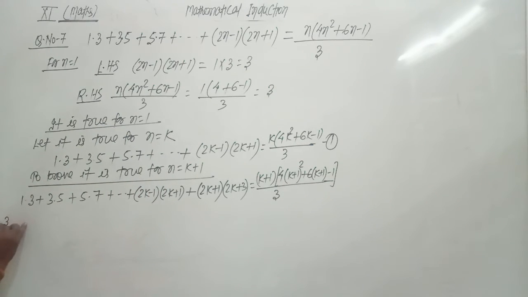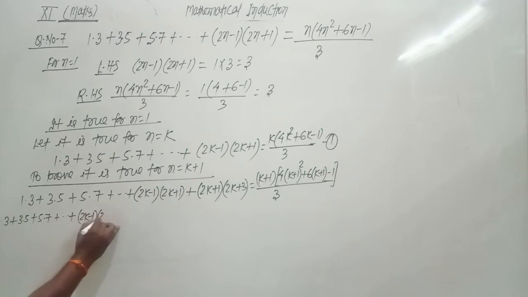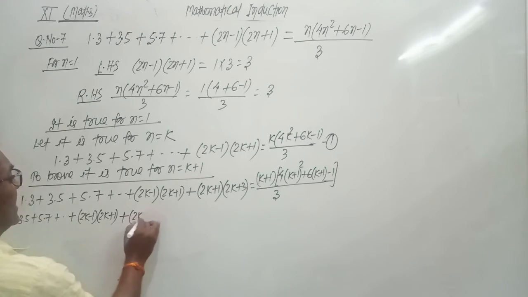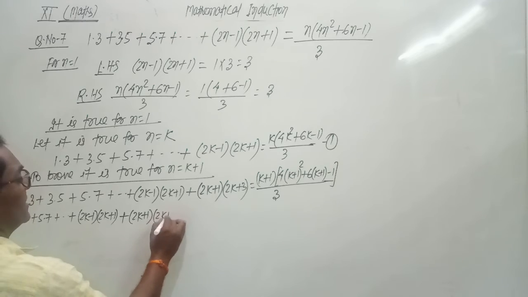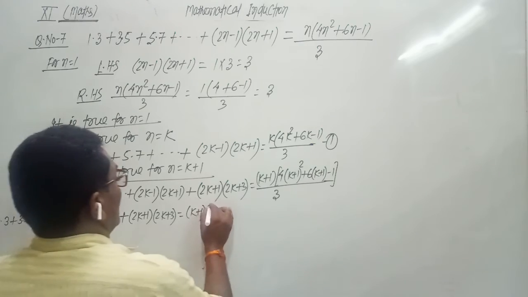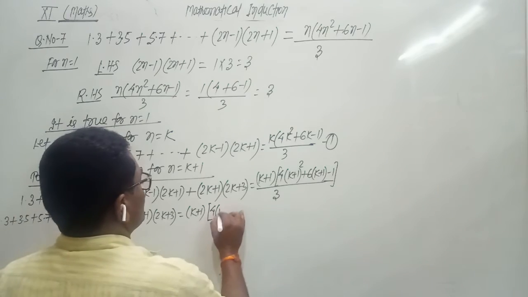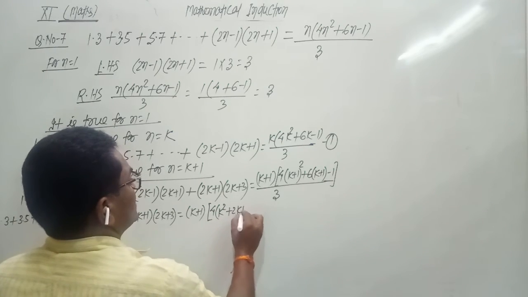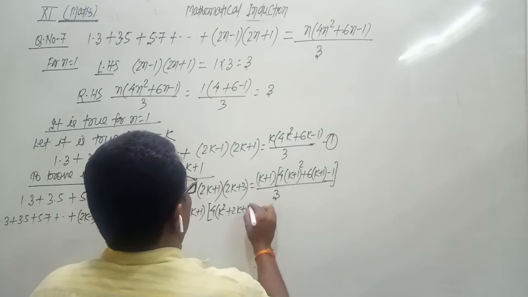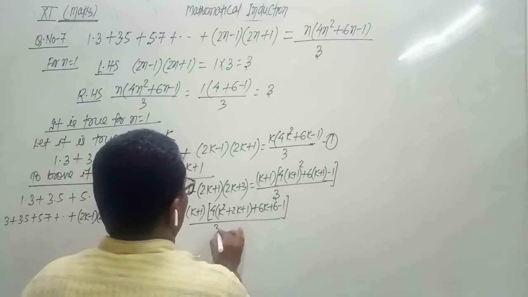So 1 into 3 plus 3 into 5, 5 into 7 plus 2k minus 1 and 2k plus 1 plus 2k plus 1 into 2k plus 3 equals to k plus 1 and 4 into, remove the bracket, so k square plus 2k plus 1 and plus 6k plus 6 minus 1 and whole upon 3.